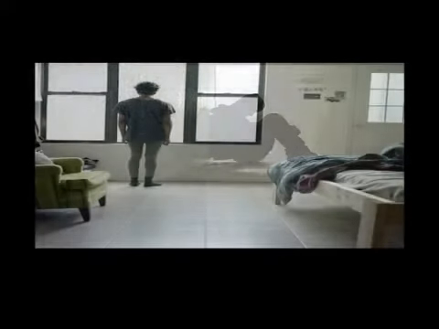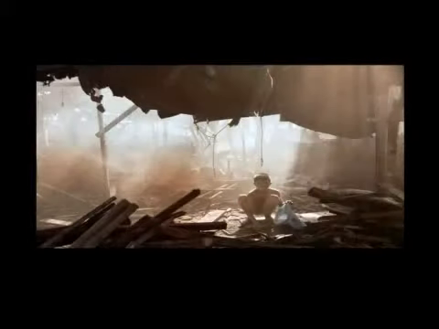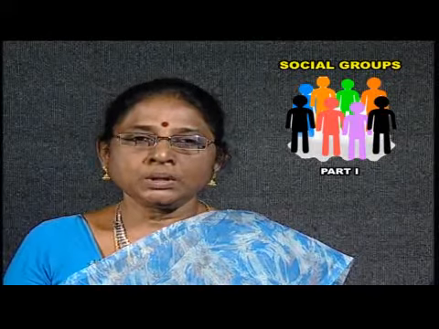Therefore, man cannot live in total isolation. Isolated life not only becomes unbearable for human beings, but also problematic to survival. Sometimes the term group is used to mean the entire social group, while other times it is used to refer to specific groups.